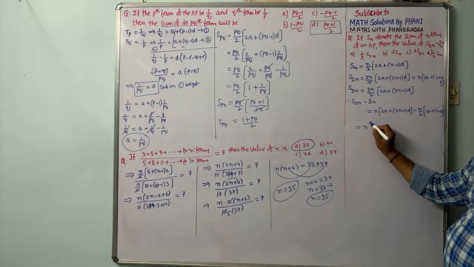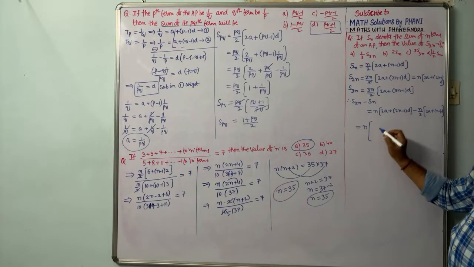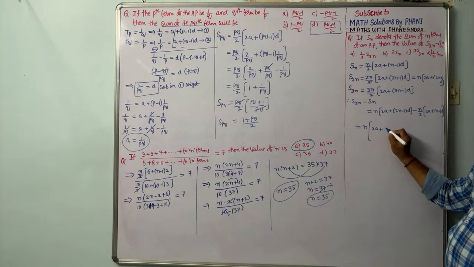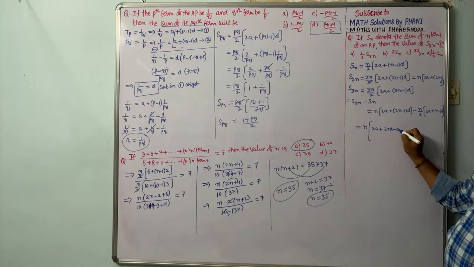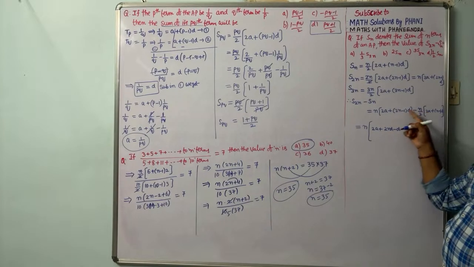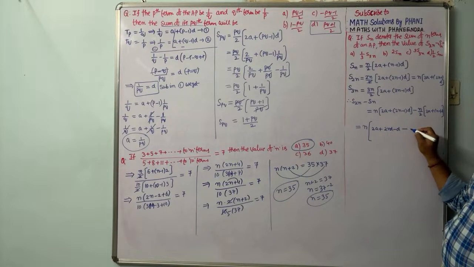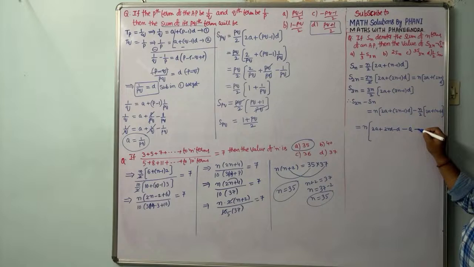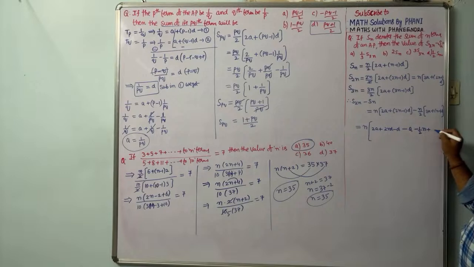First thing, 2a plus 2nd minus d, minus each and every time multiplying n I have taken common now, so 2 gets cancelled, a will come. Next minus 1 by 2, so minus 1 by 2 times of n, minus into minus plus, 1 by 2 means d by 2 comes.